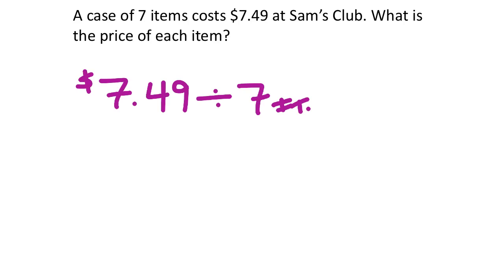Actually, since it's an application, I'm not even going to do the long division. I would just take 7.49 in the calculator and divide it by 7. And we get 1.07. That's pretty good. So if this was a case of 7 items at $7.49, each item would be $1.07. That's it.